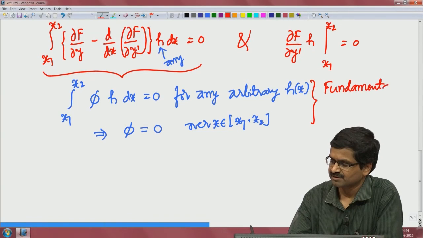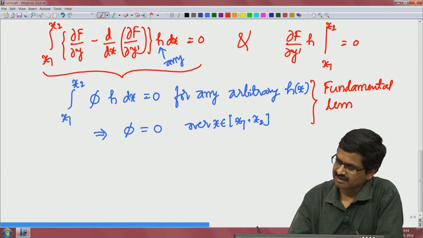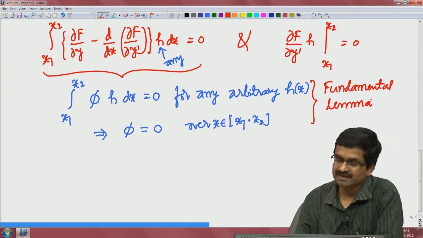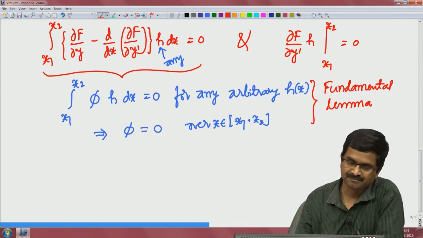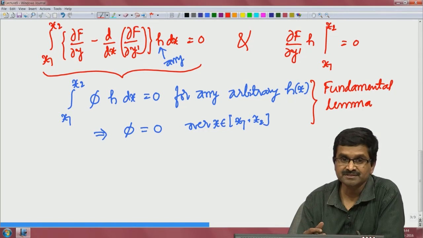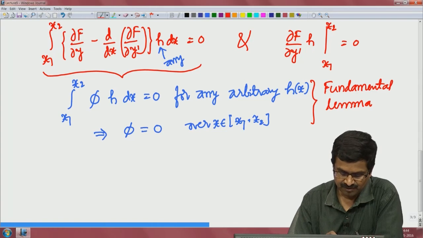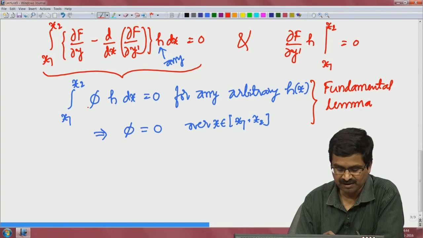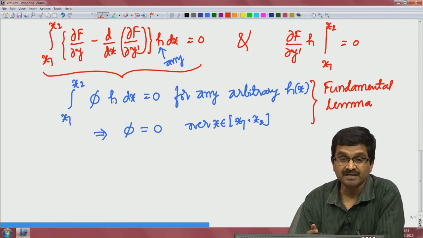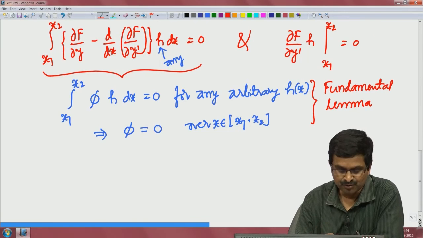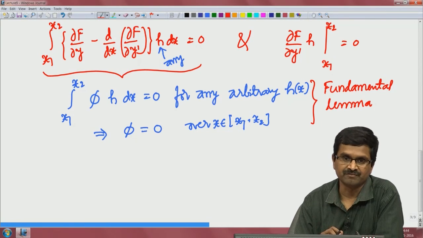A lemma is a thing that is not good enough to be called a theorem. In fact, it is even intuitively obvious why it should be the case, because you have a function phi, you are multiplying by another function h, and h is an arbitrary function, and if the integral has to be 0, you better have phi equal to 0 everywhere.